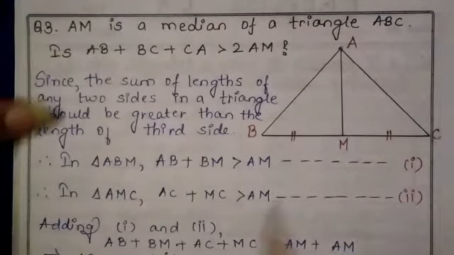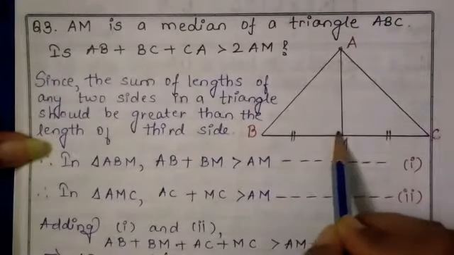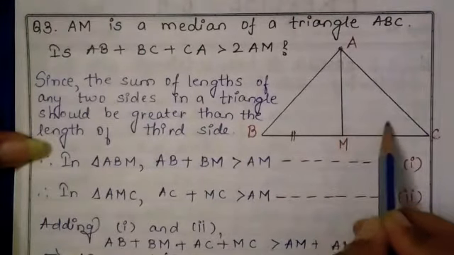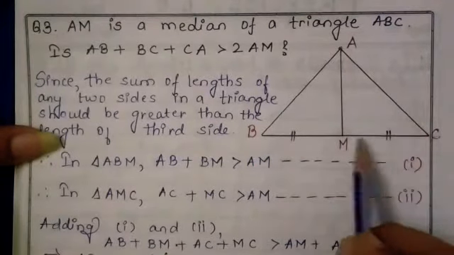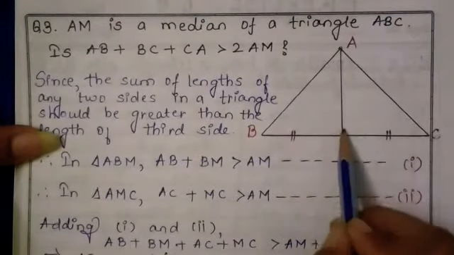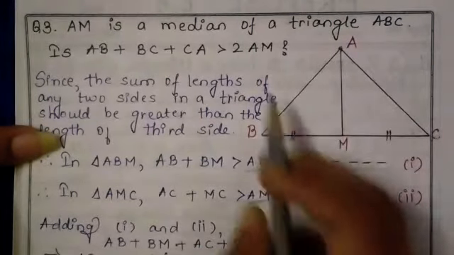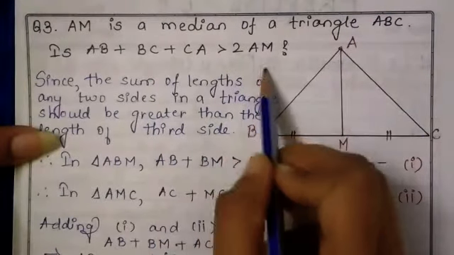So in first part ABM we can see that AB plus BM, addition of these two sides, will be greater than AM. Similarly in this next half triangle, that is AMC, we can see that AC plus MC is greater than AM. Okay, here we have to take AM as subject. Why have I taken AM as subject? Because in the question we need to prove that this is greater than 2AM. So accordingly we have to go.